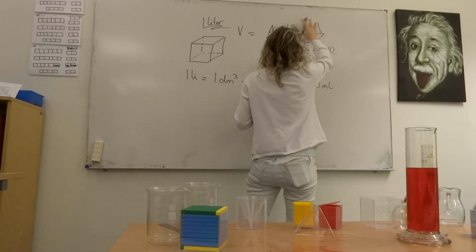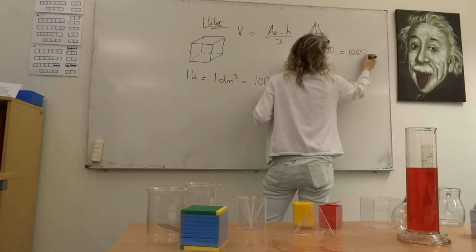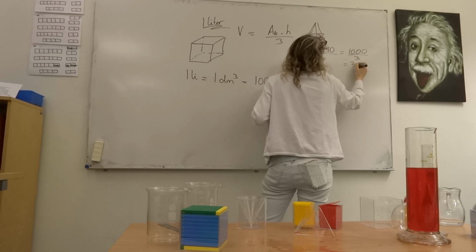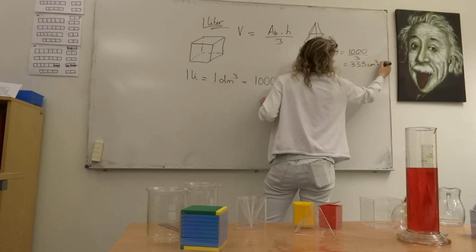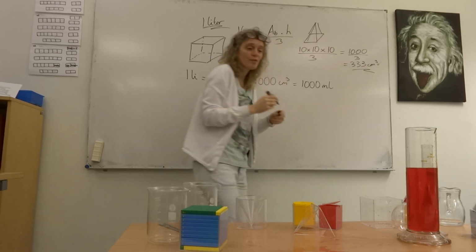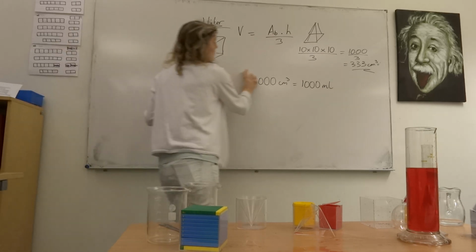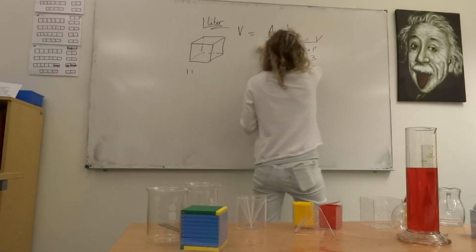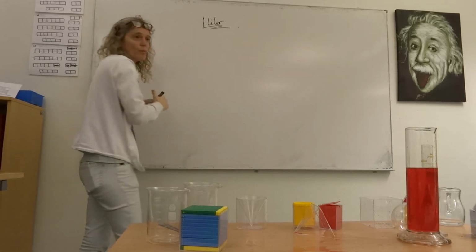So we were expecting the volume of our pyramid to be 1,000 divided by 3, about 330 centimetres cubed, which is about 330 millilitres as well. So that worked for pyramid. Let's see if it works for cylinder. Cylinder has a different formula. It's not quite as easy as just working out the square area. What's the formula for a cylinder?